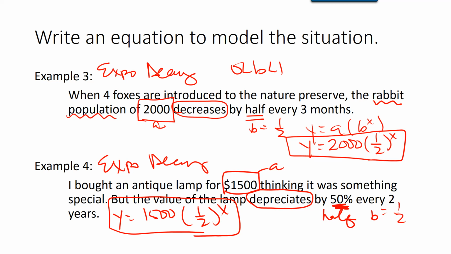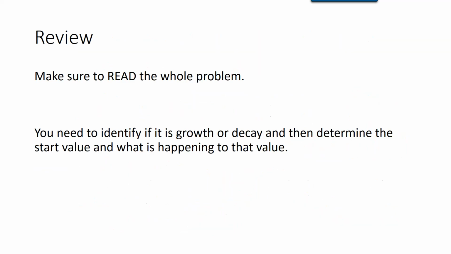Okay, so those are the problems you're going to see today on your Schoology assignment. You're going to have 2 types. The first type where we classify, and then the second type here where we're writing. Okay, a couple things to review real quick. You need to make sure that you read the whole problem and that you're doing the right number of reads. Remember, on the first read, we are just deciding whether it is growth or decay.